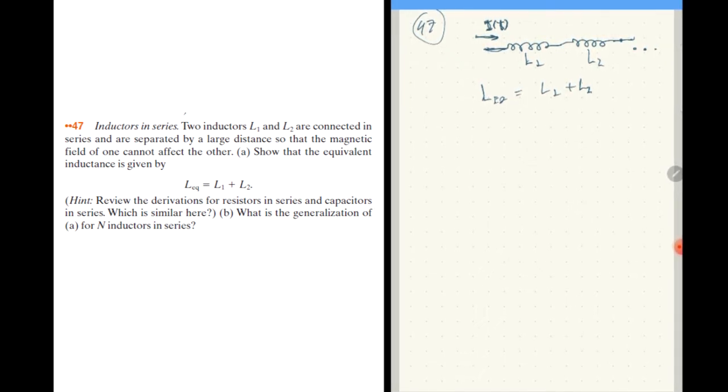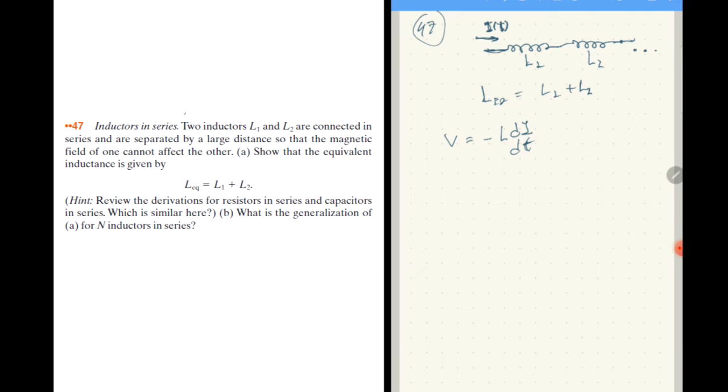The one thing we have to do is that when you have an inductor in a circuit, there is a differential potential across this inductor if there is a variation of the current. So the differential potential across each inductor equals the negative of the inductance times the derivative of the current with respect to the time.